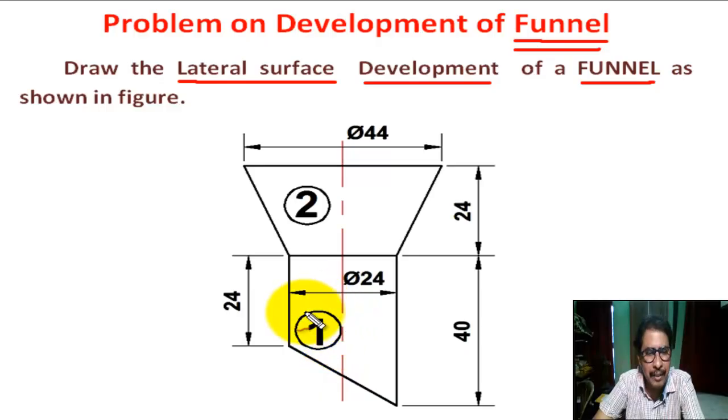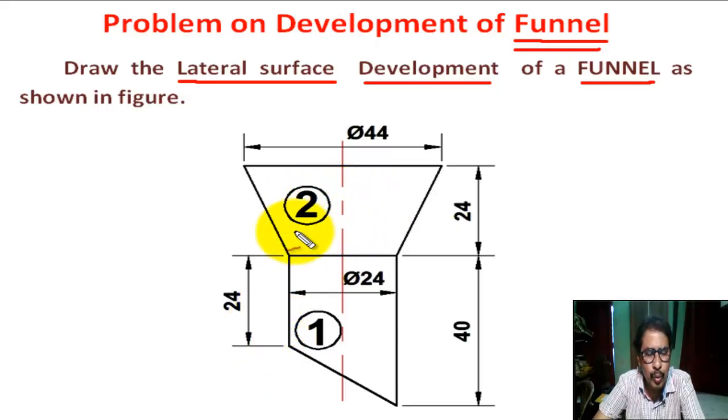In part 1, this is the cylinder. This diameter is 24. This portion is 40 millimeter. This portion is 24 millimeter.